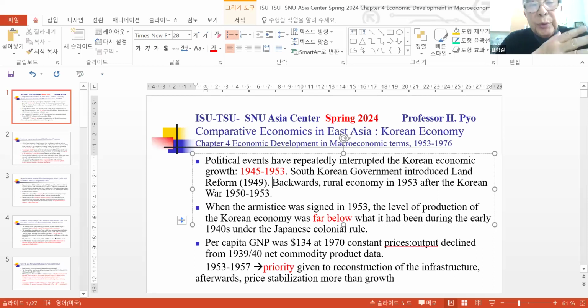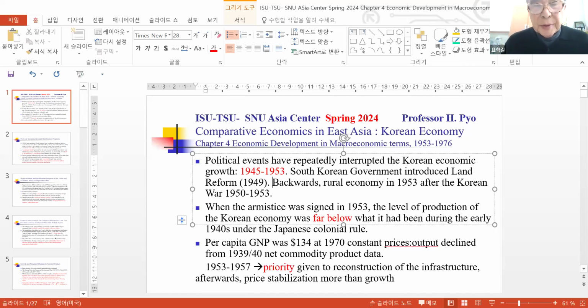Therefore, there was no need to go through land reform. But in South Korea, of course, private ownership of land and other properties was allowed in the tradition of a capitalist economy. Therefore, the South Korean government introduced a kind of land reform in 1949.